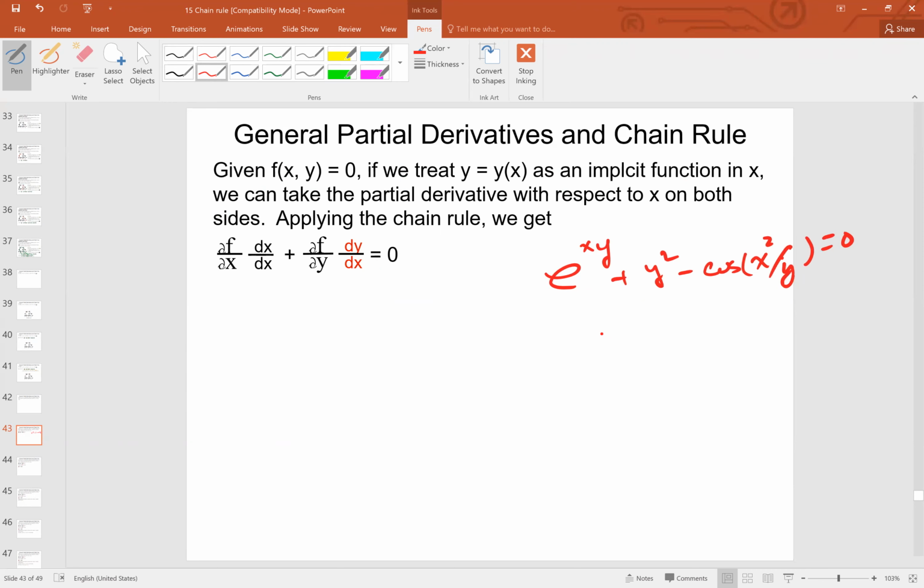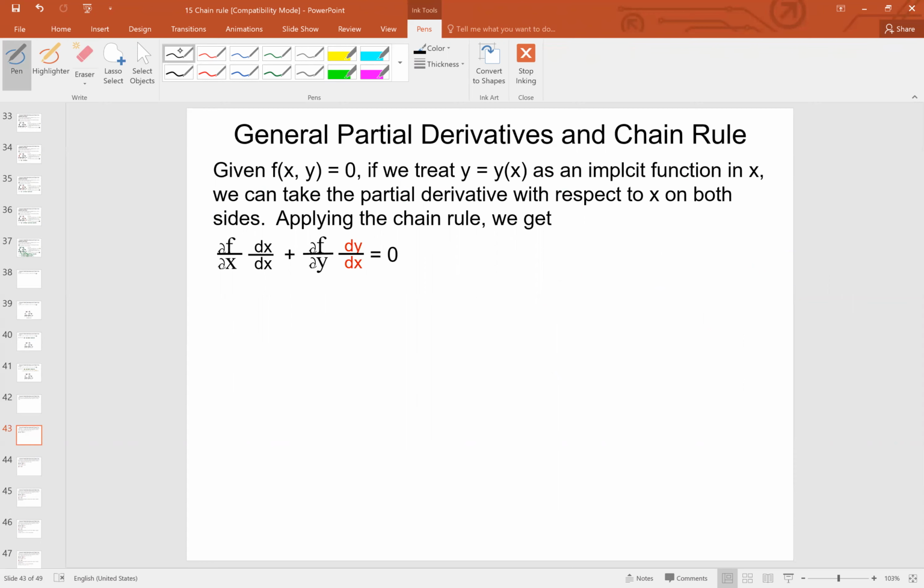That's an implicit equation, and the question is what's dy/dx. You can do this by implicit differentiation step by step using the chain rule, quotient rule, and product rule with x and y's in them, and then solve for dy/dx. That's actually kind of lengthy to do. And here's an easy way to do it.